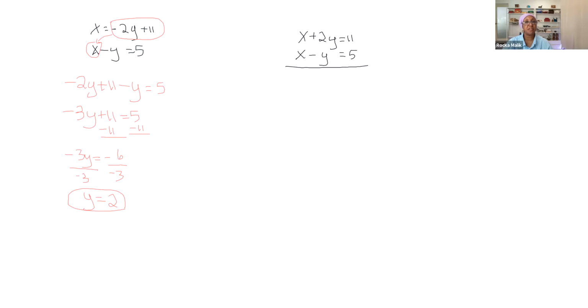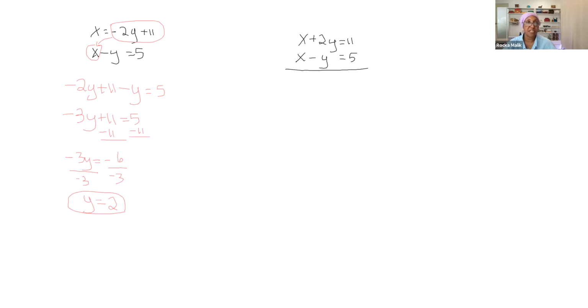And then I would have to see which variable I wanted to get rid of. I'll go the easier route and get rid of X because I don't have to multiply anything by the whole equation. I can just change the signs of everyone on this bottom equation.